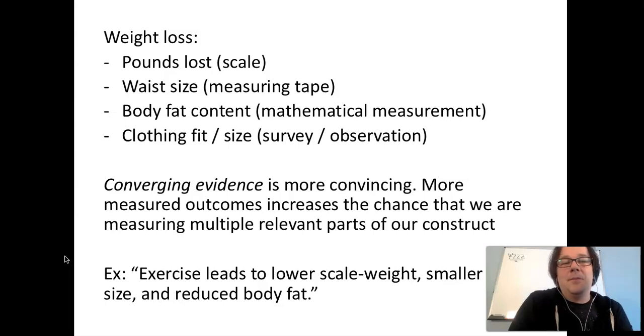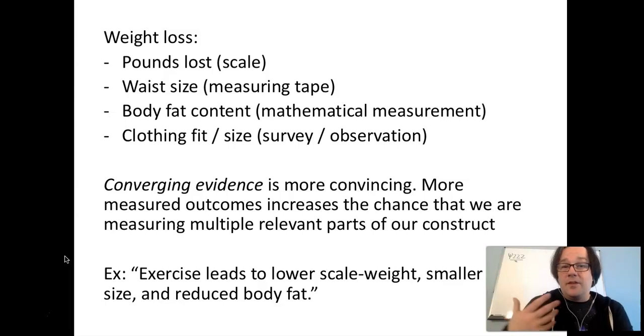So, the more measured outcomes that we have, the more it increases the chance that we're really measuring that part of the construct that is most relevant, most interesting to us, that we really care about. In this case, weight loss, right?